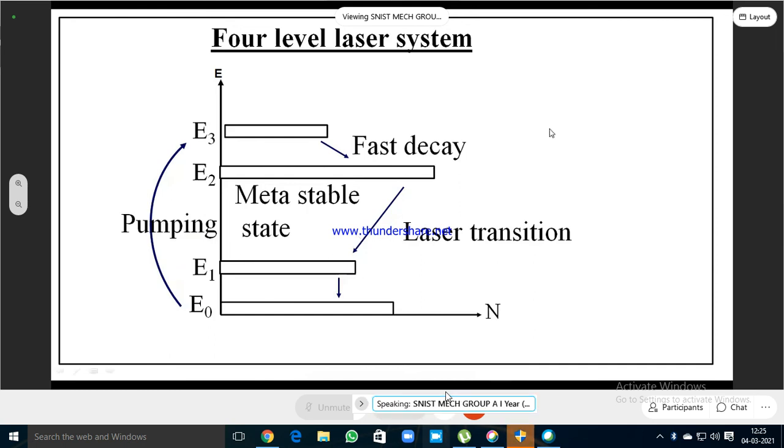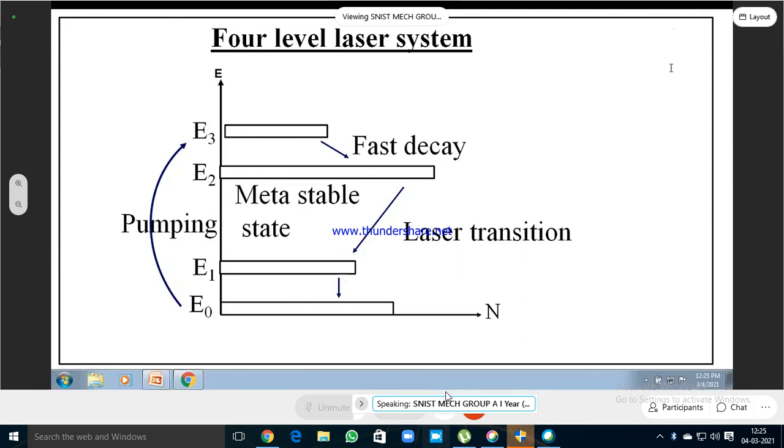You have to say from which level to which level. Yes, from E2 to E1 level, the laser transition takes place. So the photon energy of the radiation must be equal to the E2 minus E1 energy difference. You shouldn't consider that all the atoms must come directly to the ground state.